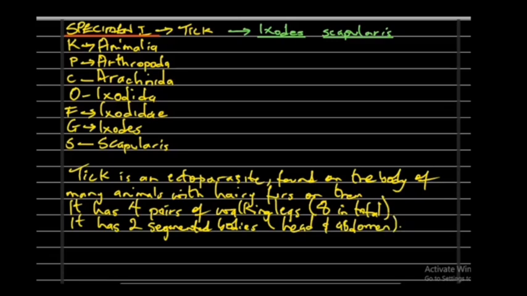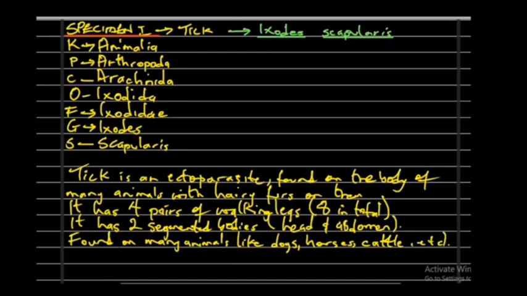Like I said, it is found on many animals, like dogs, horses, cattle, etc. It can be found on any of these animals, and the major thing they do is that they suck the blood of the animals.